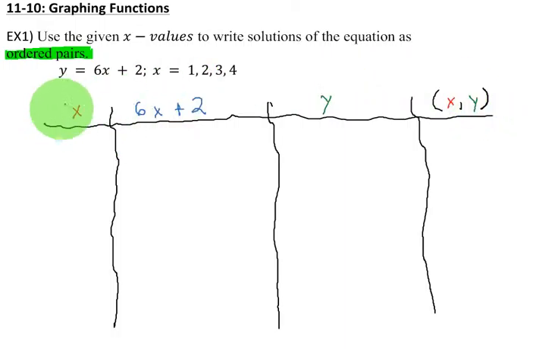So let's start with our x values. I'm just going to write them out in a list, and I'm going to highlight the x values. We were given 1, 2, 3, and 4, so I'm going to write those in the list. I'm going to add an extra value in. It's okay to generate your own ordered pairs if you would like. I'm going to stick with the numbers that were given to me because they might be important to the problem.